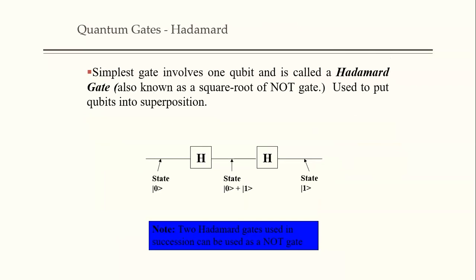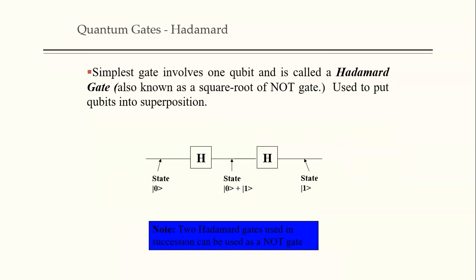See here, this is the Hadamard gate. For designing a quantum circuit, it will be used. The simplest gate involves one qubit and is called a Hadamard gate, also known as the square root of NOT gate, used to put qubits into superposition.